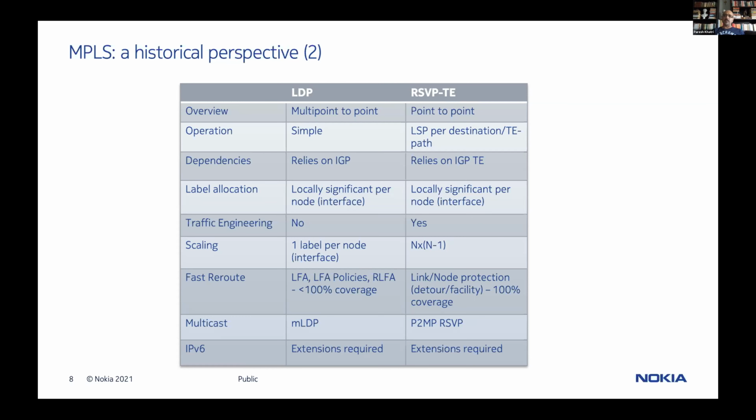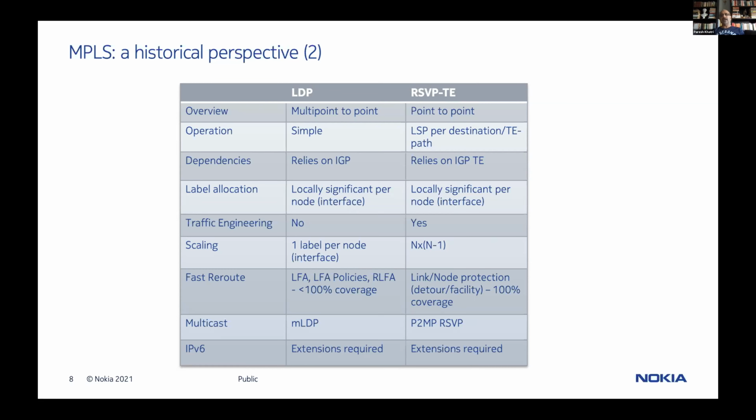LDP scales very well. There are networks out there with tens of thousands of nodes running LDP, running just perfectly, because it's a very simple protocol. It scales very nicely. RSVP-TE, on the other hand, has an n-squared scaling problem. So that rapidly goes up.